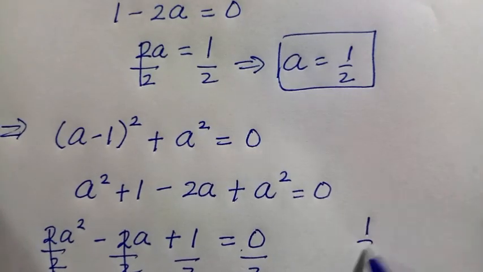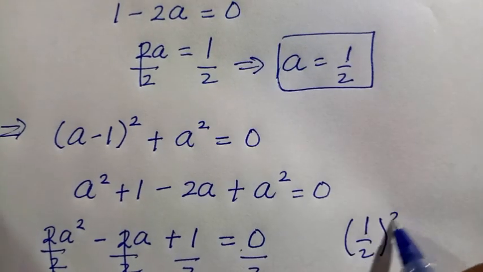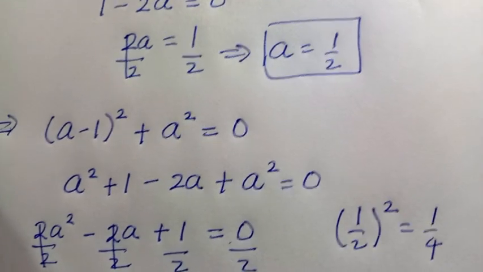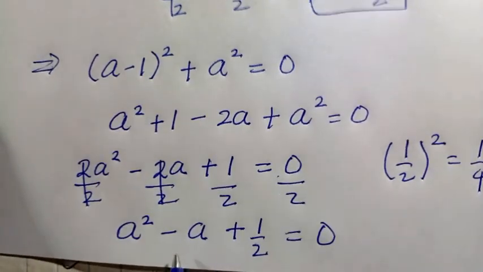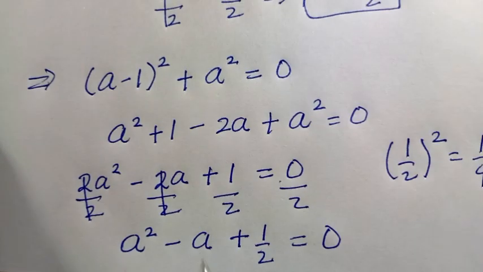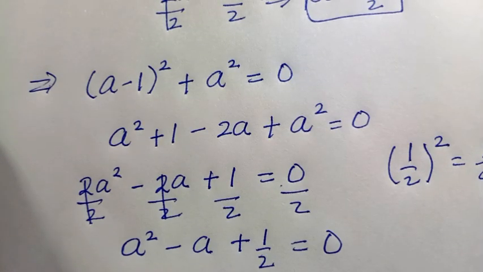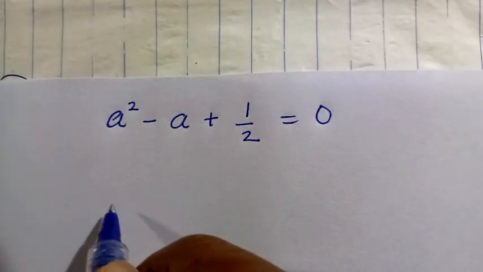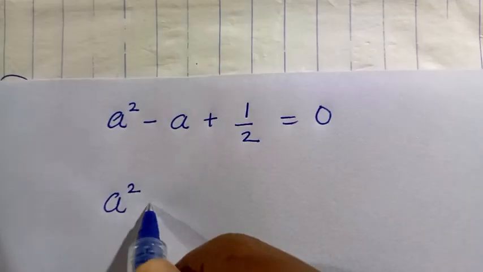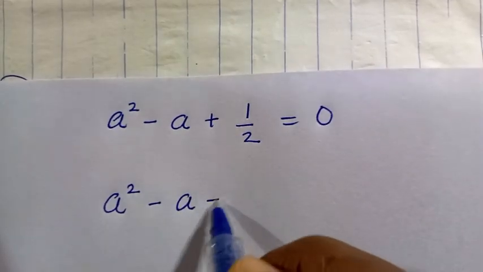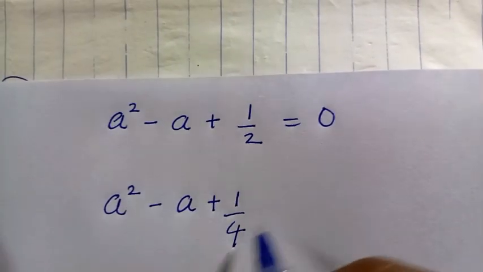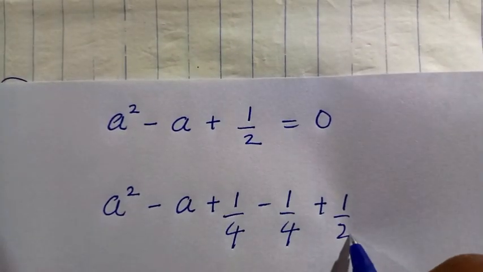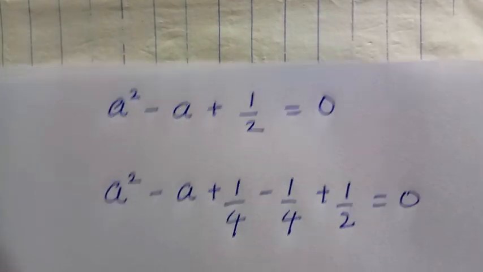So we have 1 divided by 2 raised to the power of 2, which is 1 divided by 4. Then we are going to add and subtract 1 over 4 from here. By adding it, we have a squared minus a plus 1 over 4 minus 1 over 4 plus 1 over 2 equals 0.